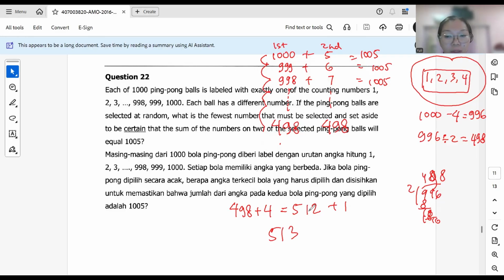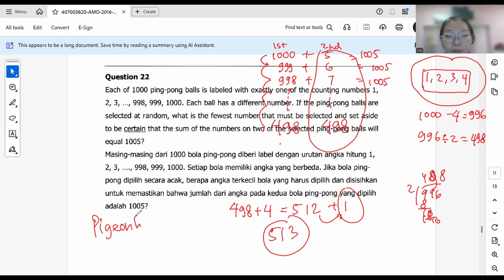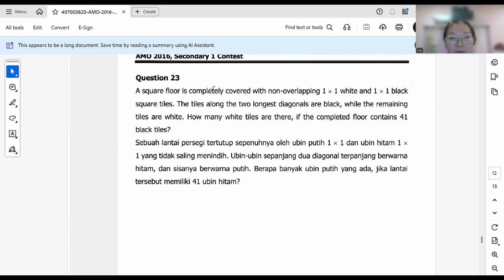Okay, so after this, you will find there's no more option. No matter what, you will have 1 from this group, at least. So this is the number, 503. This is called the pigeonhole principle. Search it up, okay?